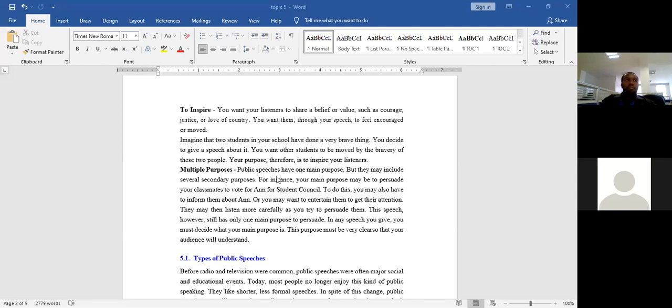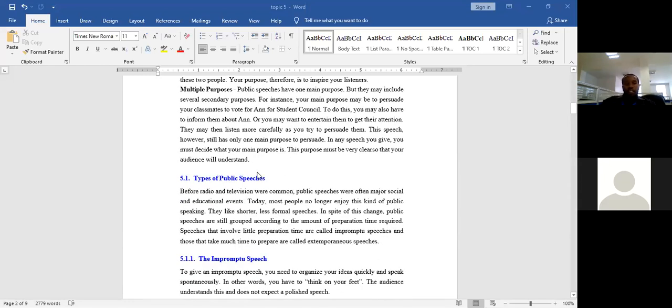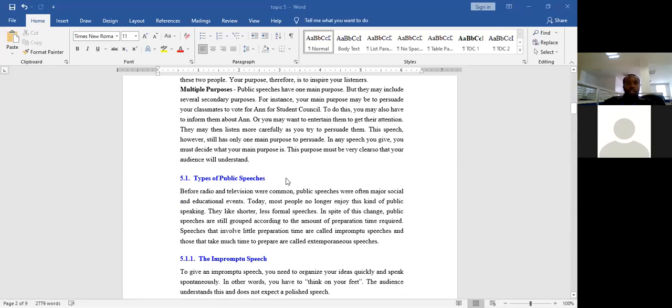At the same time, he gives a speech so that you can vote him in as the next president in the year 2022. So you can also use a speech to do several things, to persuade somebody to follow you or persuade other people to vote for you, and so on and so forth. So unless there is a question, I would want to go to types of public speeches.